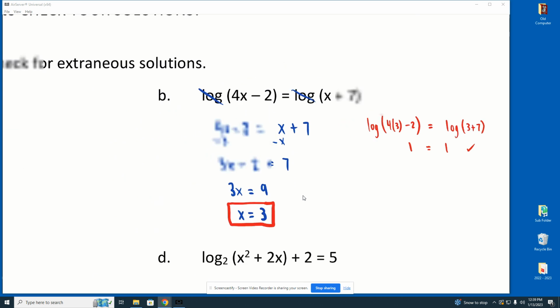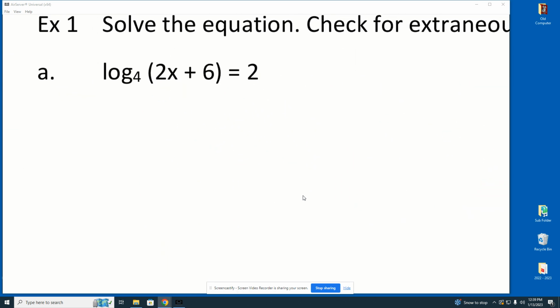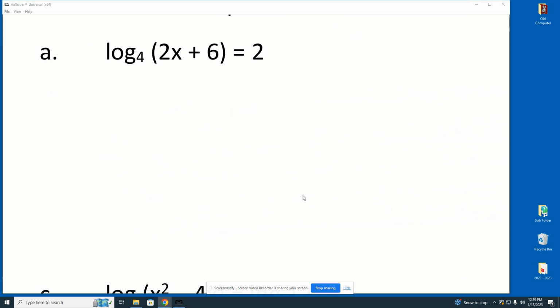Okay? Now, go over to A now. I wanted to save this one to second because this is obviously the one that takes just a little more thought, not a lot more. But notice how this is different than B. Does it have log on both sides? Then I can't just drop off the log. Okay? You can't do that unless it's on both sides.